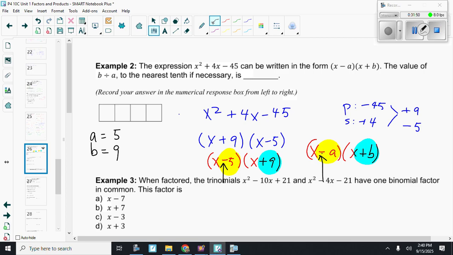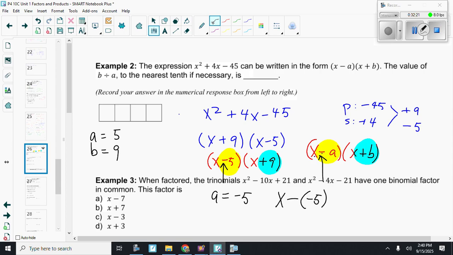It's a love-hate thing. It's almost like a game: you did all the work, you got the right answer, and then you just have to pay attention to the form. If the form has a negative sign in it, then you don't have to worry about the signs. They've already covered for the sign.